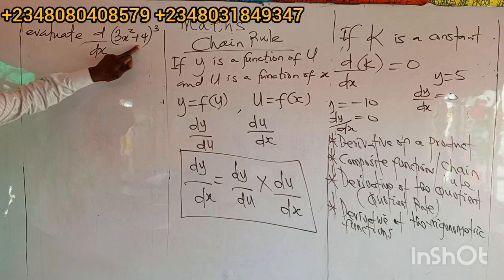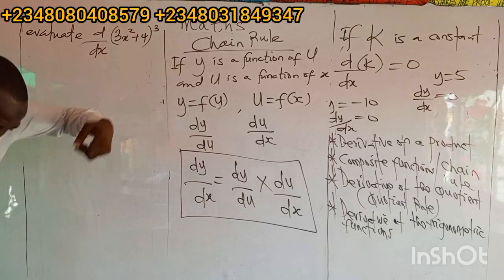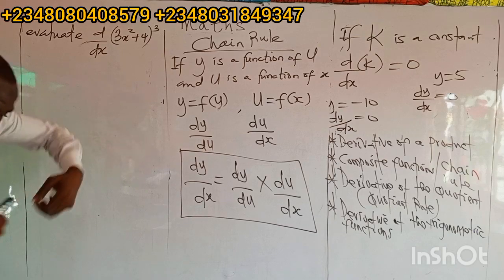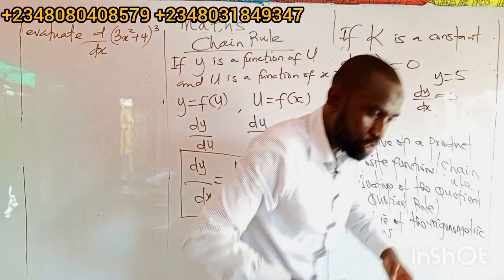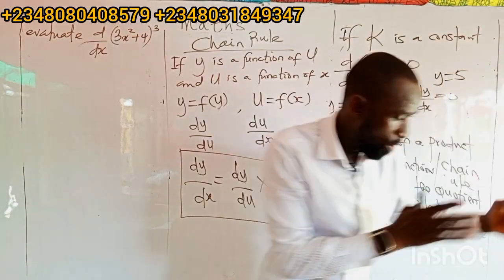What we have inside here is a function, and it is carrying a power outside the bracket. So whenever you see a question with a bracket raised to a power, it has multiple functions.